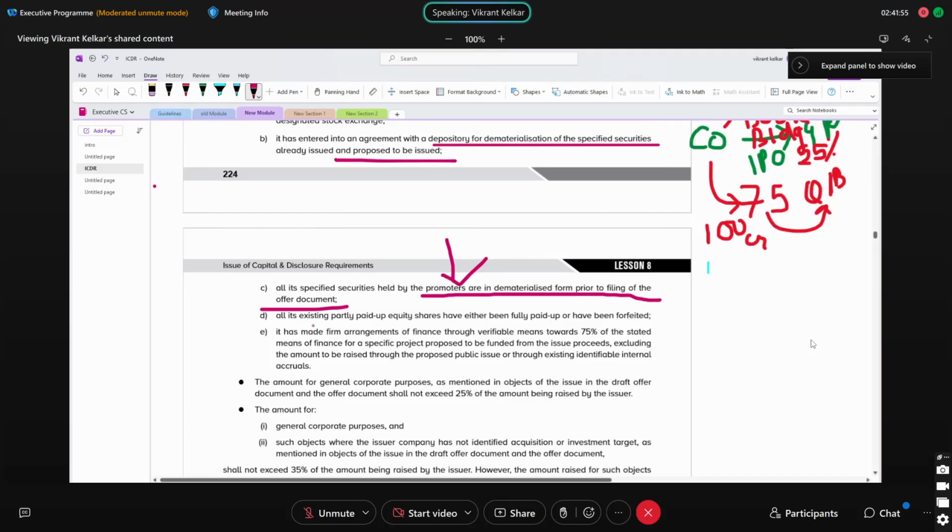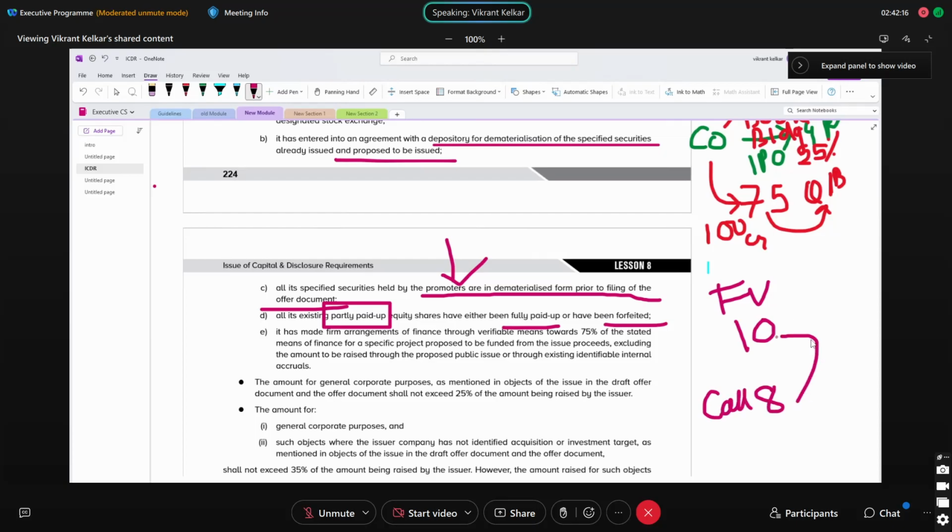Then all the existing partly paid up equity shares have either been fully paid up or have been forfeited. Now this is a typical case: you can't have partly paid up shares. Have you heard about partly paid up shares? That is when the face value of a share is, say, 10 rupees and the company has called only 8 rupees on this share worth 10 rupees. Is that allowed normally?